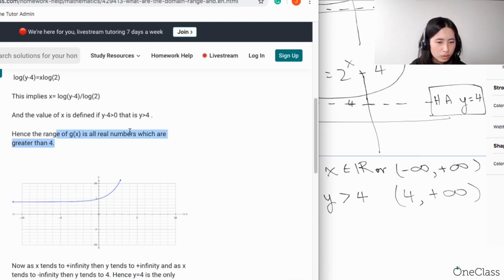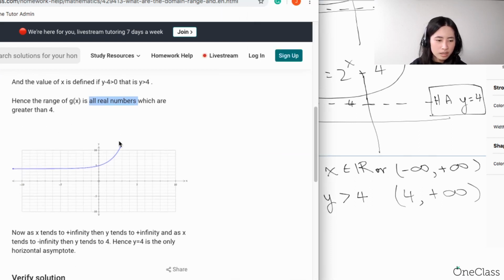I wouldn't say all real numbers. I would just say the range of g of x is greater than 4. Don't include all real numbers, because if you say all real numbers, that's generalizing that 4 is also included. So try to avoid that if you're trying to say y is greater than 4. So keep it this way. You're not supposed to say all real numbers.